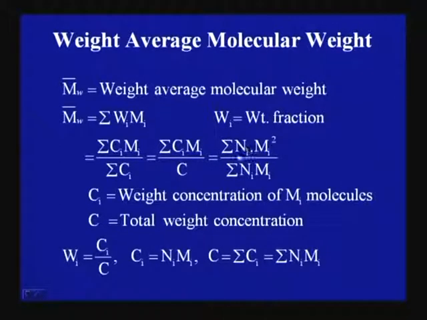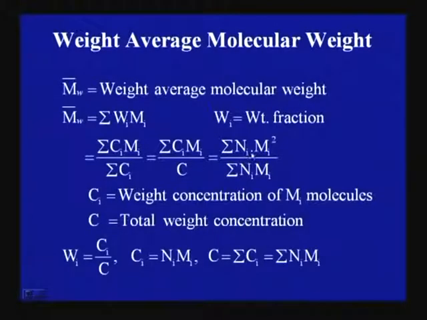Then if those are converted to number of moles or molecules, the expression for weight average molecular weight becomes the sum of the product of Ni and Mi square divided by the total concentration C, which is equal to the sum of the product of molecules with their mass of each species present in the sample. This is not very difficult, and here you see how these parameters are defined and explained.